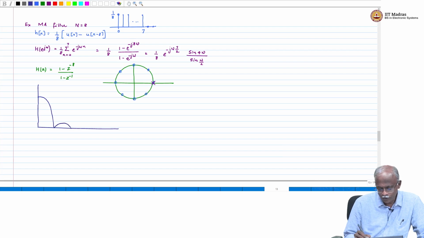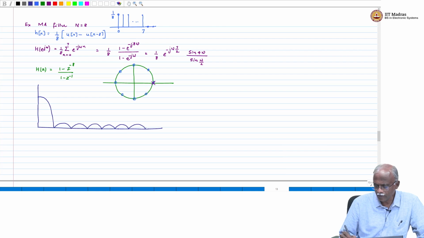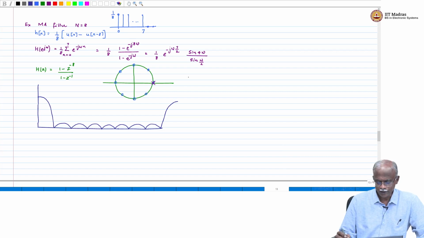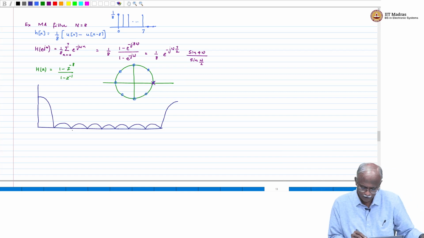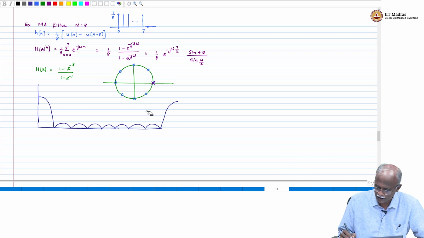The next zero comes uniformly spaced, then another zero. There are basically 7 zeros, 1, 2, 3, 4, 5, 6, 7, and then it goes up again. So basically you come back to this. Yeah, I drew one extra.